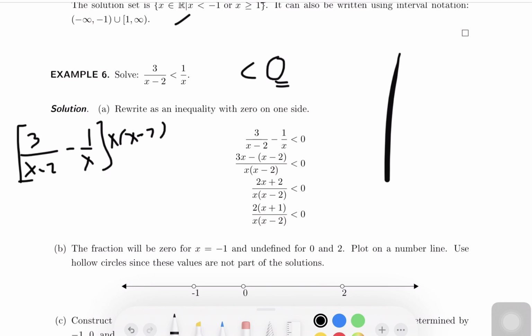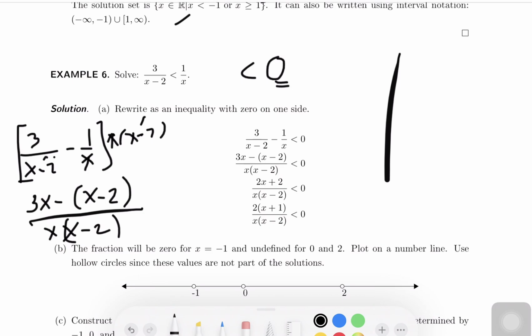Okay. So, if we multiply this here, x minus 2 will cancel. So what remains is 3 times x minus parenthesis x minus 2. Still we need x times x minus 2 as the denominator.